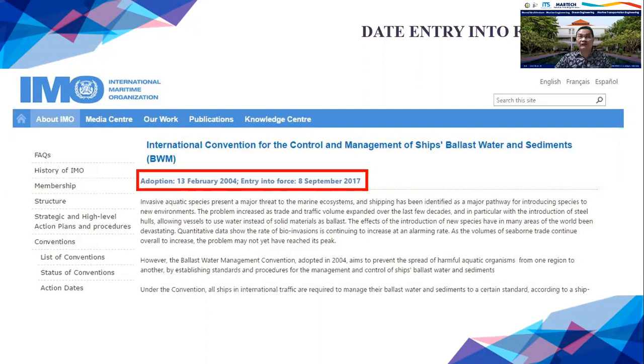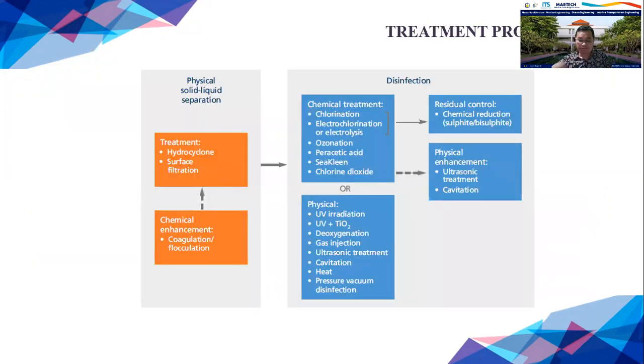Sorry, 4 years ago, already entered into force. So when a convention has entered into force, eventually the majority of the flag states ratify the convention because it is already implemented.